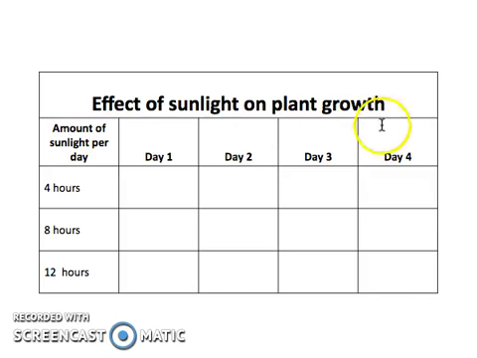So 5 going across. We've got our amount of sunlight 3 times and our 4 measurements here. The title, you can draw a box around, you don't necessarily need to, but you do need to make sure that you have a title and make sure that your labels here are correct. These empty boxes here are where your data would actually go.